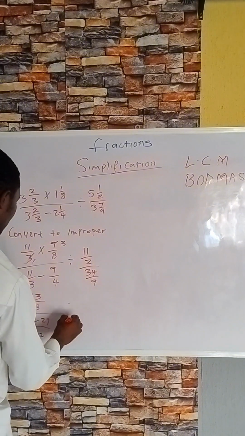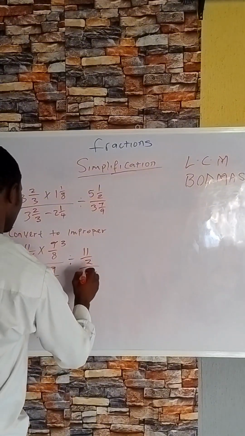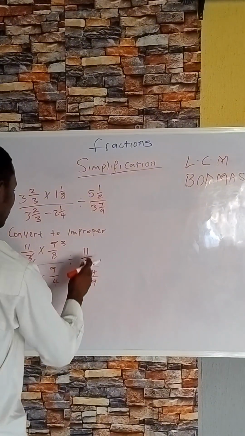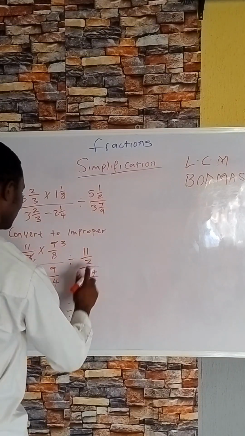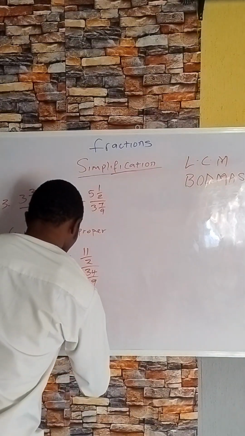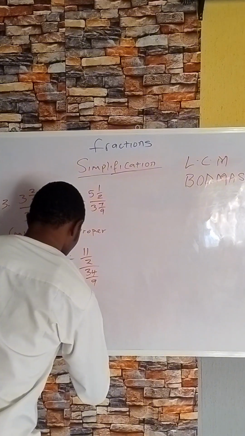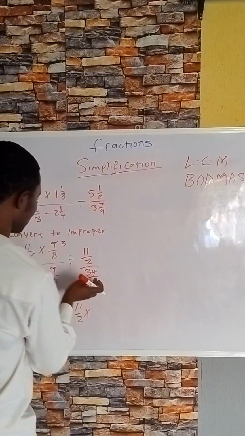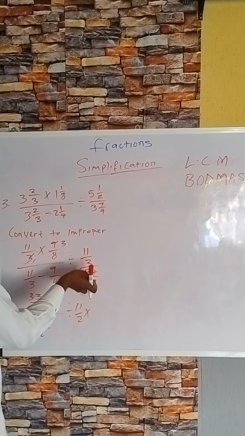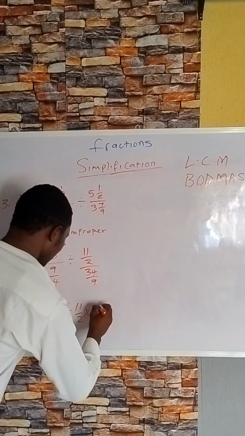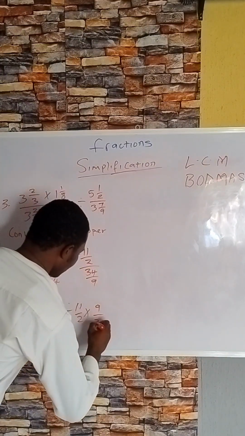Let's work on this one as well. To turn this into a single fraction, we have to apply the keep-flip change method. This will become 11 over 2 times, the division sign becomes a multiplication sign, and then we flip. This becomes 9 over 4.